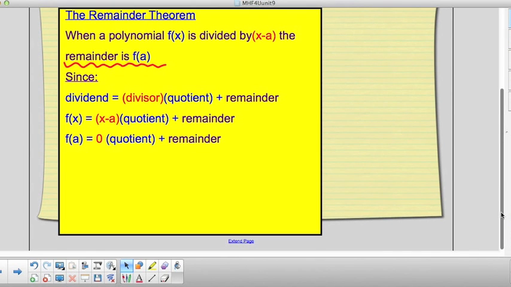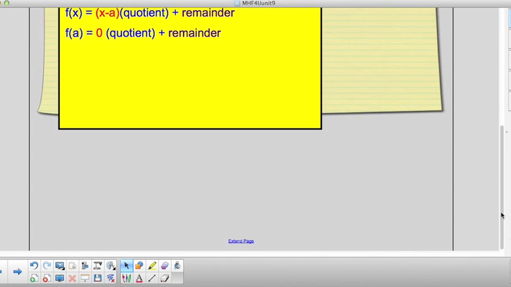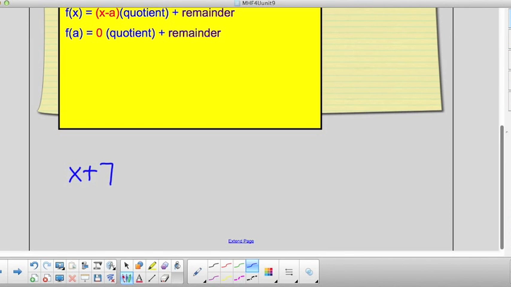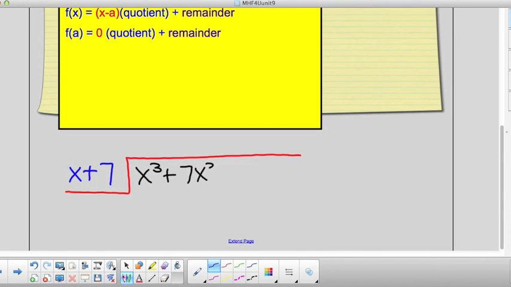Okay, so let's extend this page. So we're going to do an example of long division with polynomials. So let's say you have a question, x plus 7 is your divisor, and I want to know how many times it goes into x cubed plus 7x squared plus 2x minus 5.